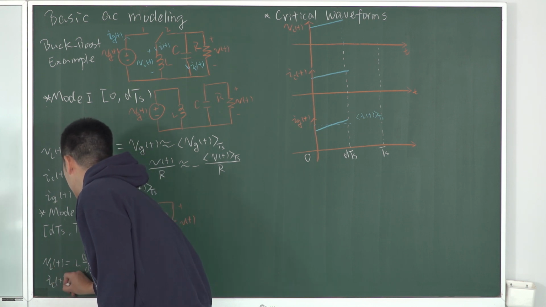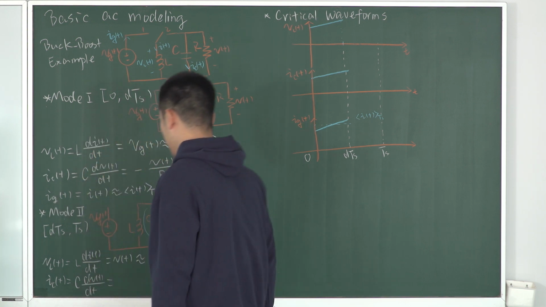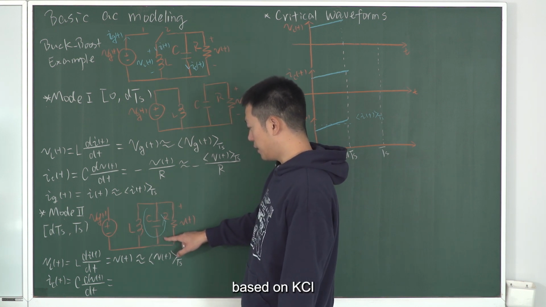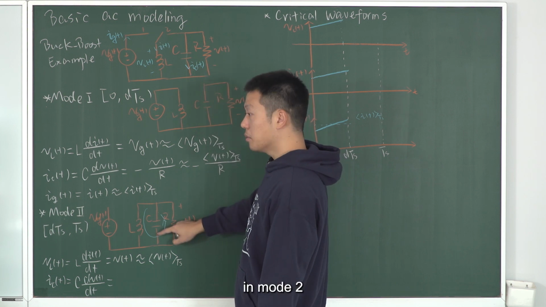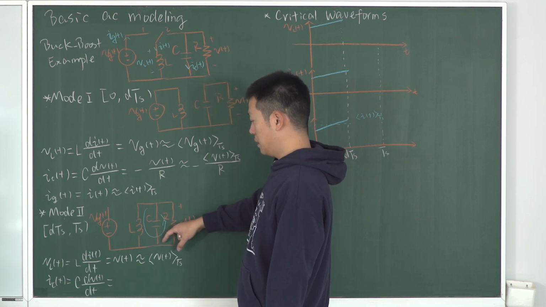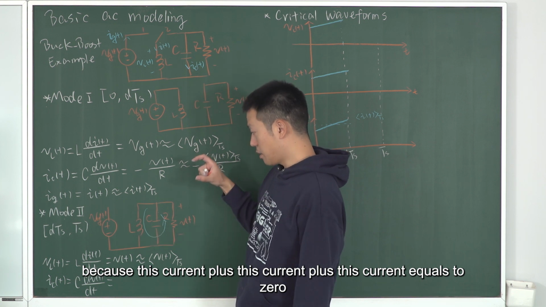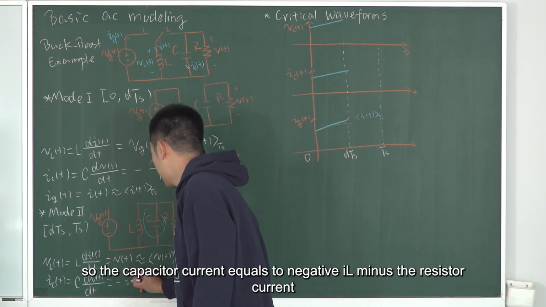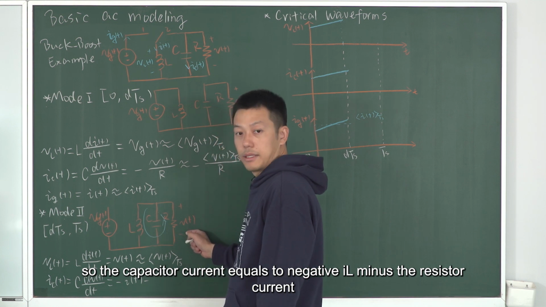And the second one is the capacitor current, C dv over dt, equals, based on KCL, right? The capacitor current in mode 2 equals, because this current plus this current plus this current equals 0, negative iL minus the resistor current.